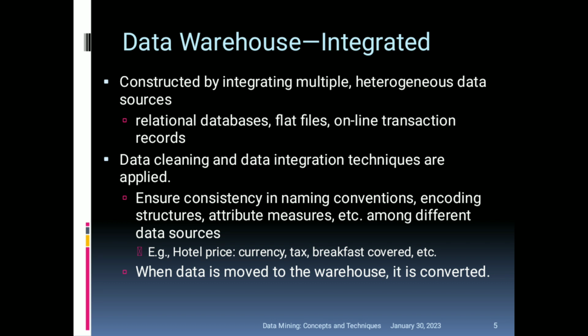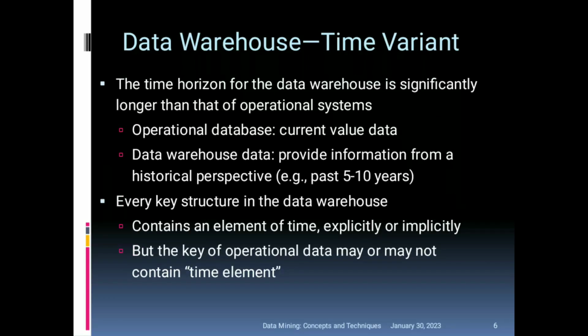Data cleaning and data integration techniques are applied to ensure consistency in naming conventions, encoding structures, attribute measures, etc. among different data sources. Example: hotel price, currency, tax, breakfast covered, etc. When data is moved to the data warehouse, it is converted.